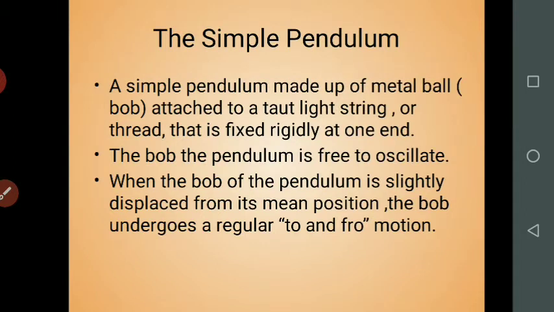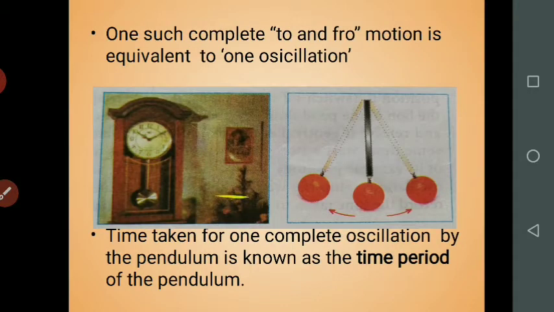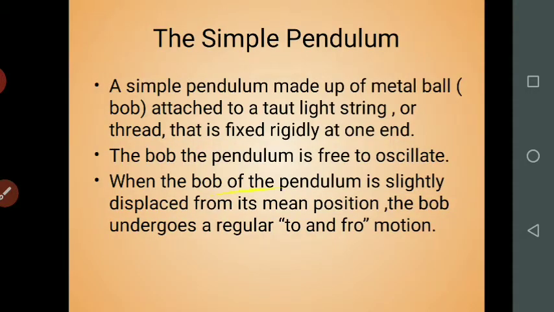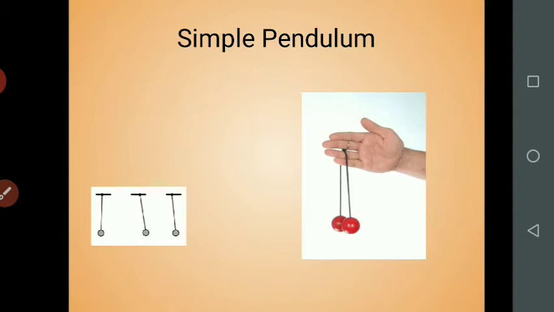The pendulum is free to oscillate. What do you mean by oscillate? That we will learn ahead. When the bob of the pendulum is slightly displaced from its mean position, the bob undergoes a regular to and fro motion. This is called oscillation.